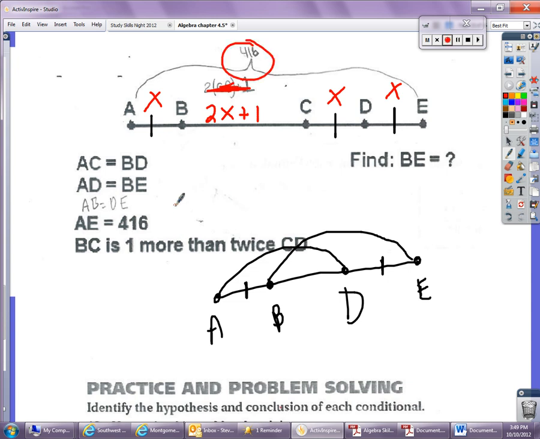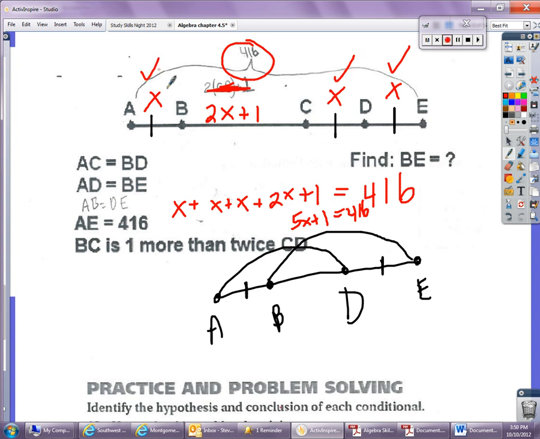So the equation I can write and solve is, if I add up all these x's plus the 2x plus 1, it's going to equal 416. And then if you solve this, you end up with 5x plus 1 equals 416, you could find out exactly what x is, and then you have this segment, that segment, that segment, and then you do 2 times x plus 1 to get that segment.